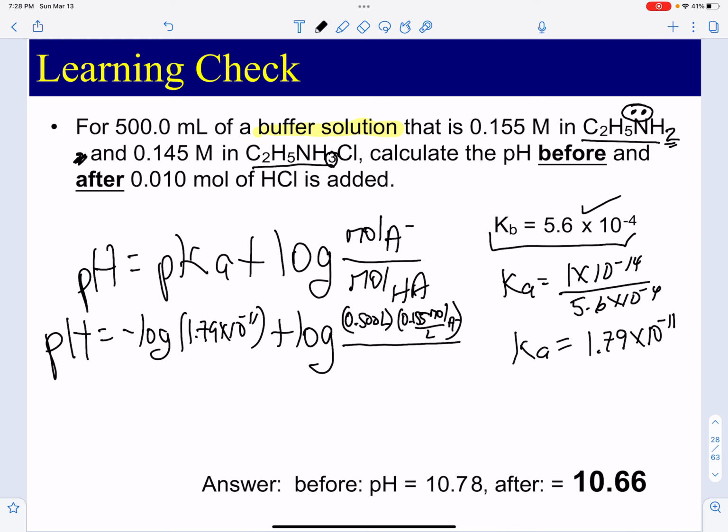Divided by, we still have 0.500 liters multiplied by the molarity, which is 0.145 moles over liters of the acid.